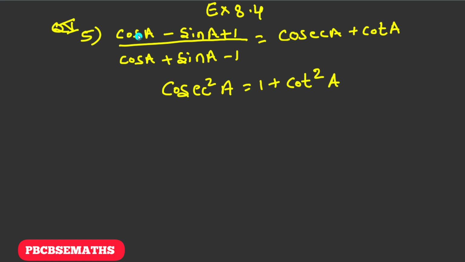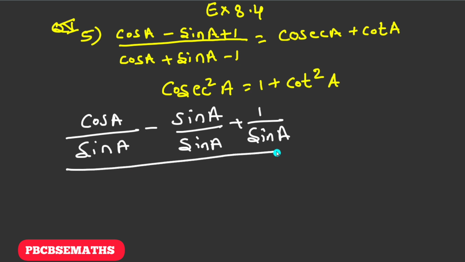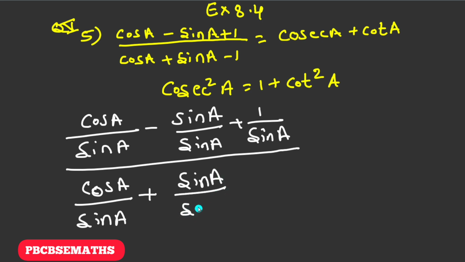So let's divide each and every term of this left hand side by sin A. Then we have (cos A by sin A minus sin A by sin A plus 1 by sin A) whole divided by (cos A by sin A plus sin A by sin A minus 1 by sin A).